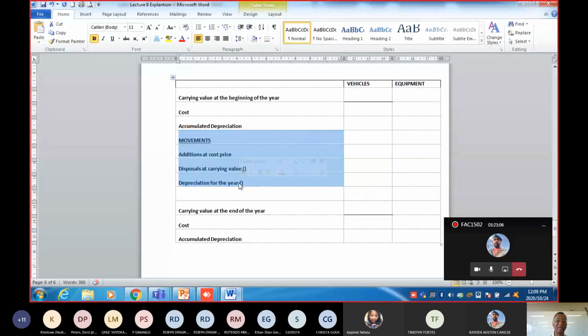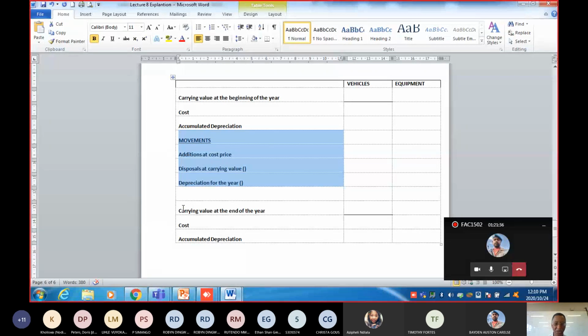And then we will have depreciation. So those are the 3 things that happen during the course of the year. You can have additions or disposals or depreciation. The additions must be shown at the cost price, but your disposals must be at the carrying value. Disposals, you must show that at your carrying value.